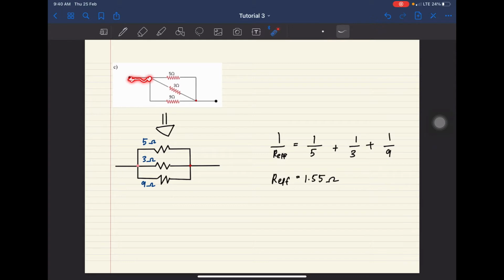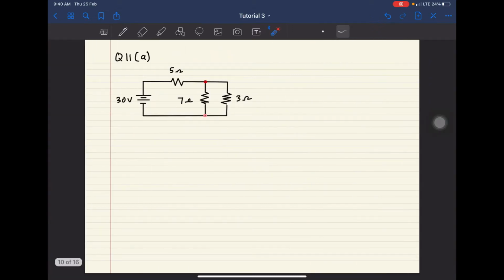At that junction you split up into 3 as per the diagram here, and each one of those meets up with 5, 3 and 9. So I just redraw. You can see clearly that this one is in parallel. Once you identify that, it is simple.